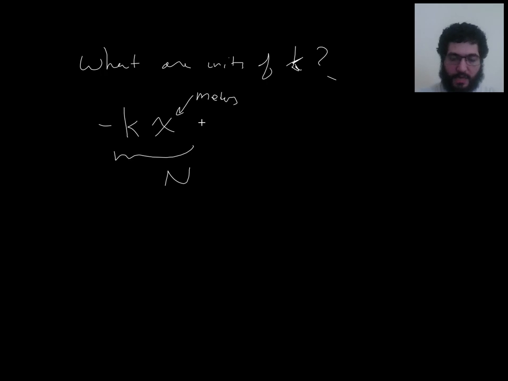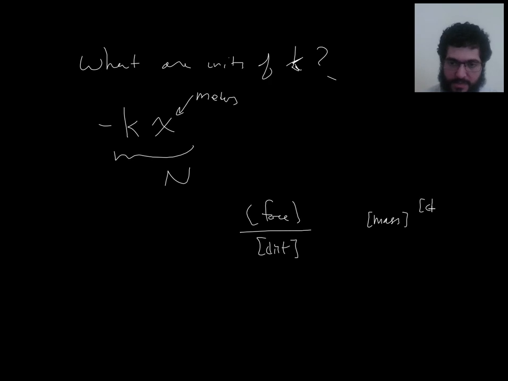The units of k, so it's true, units of k are units of force per unit distance, force over distance. And that means force is mass, distance times squared, and then here over distance.